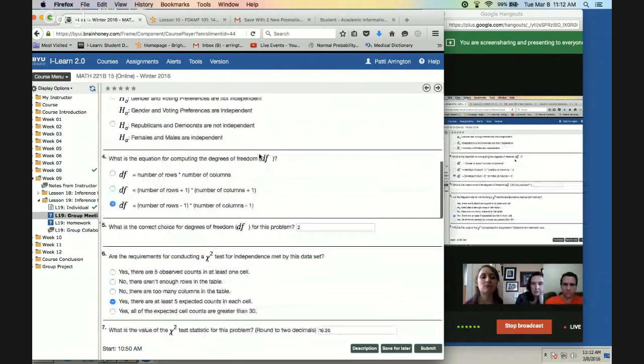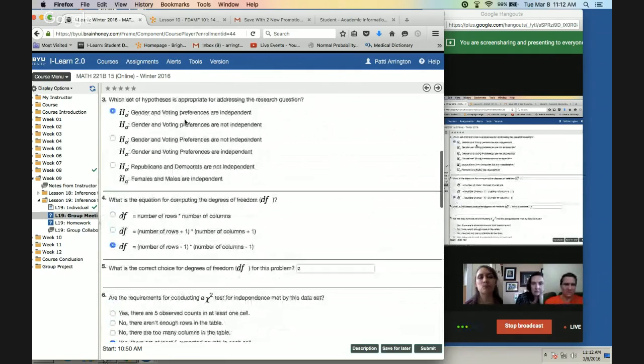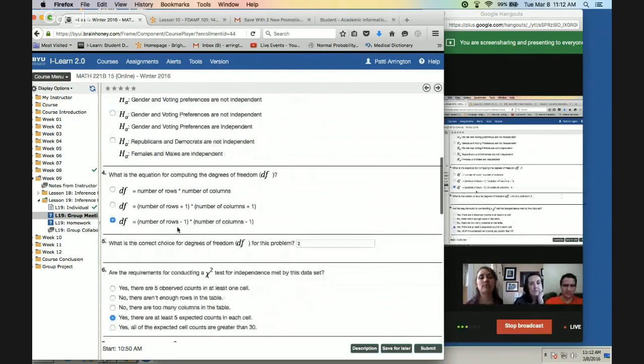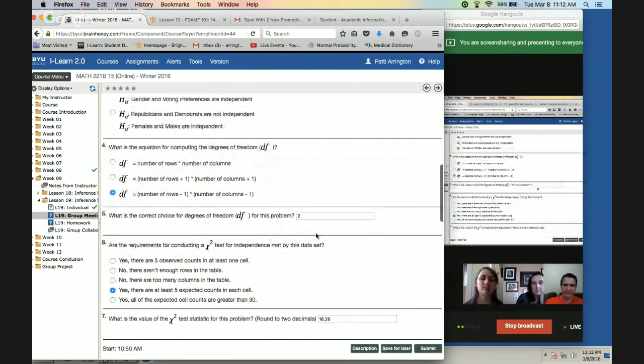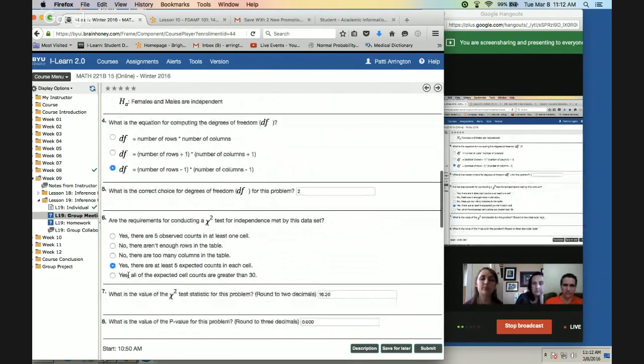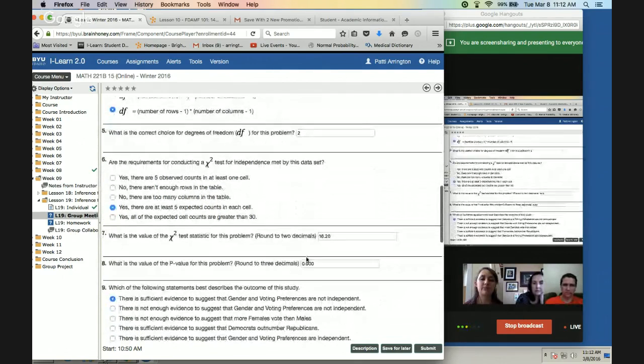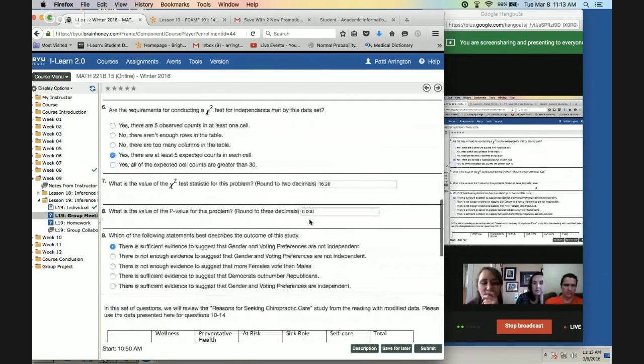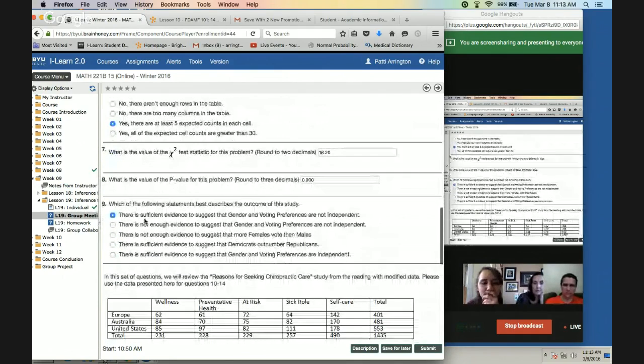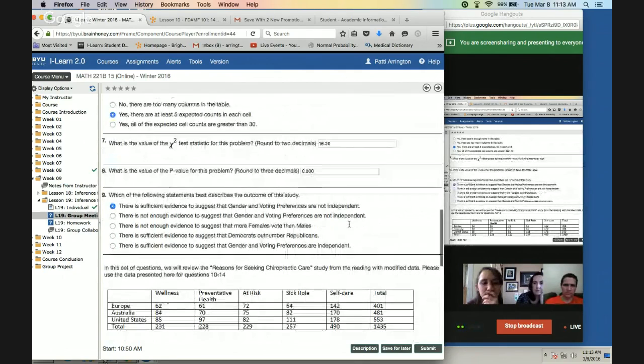The first one: the null is that gender and voting are independent, the alternative is that gender and voting are not independent. 4, the degrees of freedom is number of rows minus 1 times number of columns minus 1. 5, the degrees of freedom is 2. 6, yes, there are at least 5 expected counts in each cell. 7, x squared is 16.20. 8, the p-value is 0.000. 9, there is sufficient evidence to suggest that gender and voting preferences are not independent.